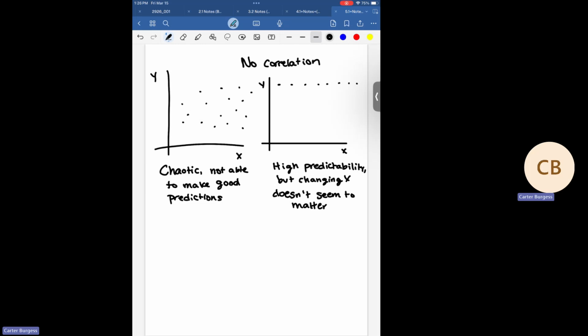It's because nothing is changing here. You can also see something similar with a no correlation setup like this. This would also be no correlation, right? If I gave you that we have a particularly large value of x, or rather a value of y, that is not important information, right? That does not really determine anything.